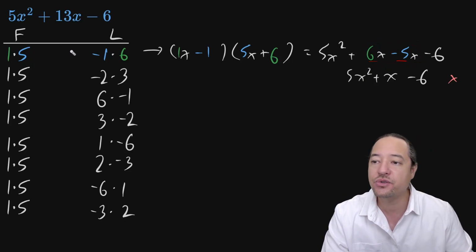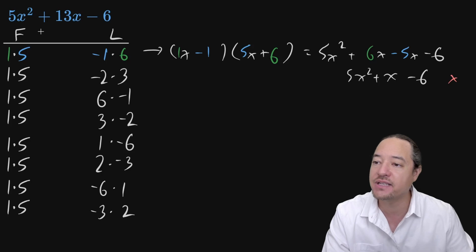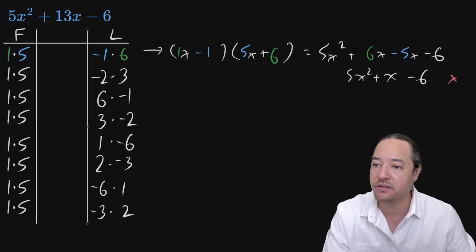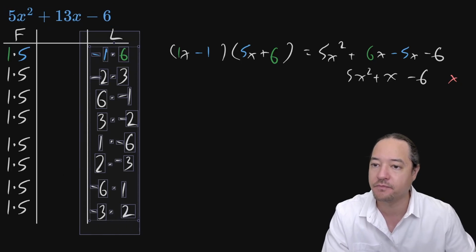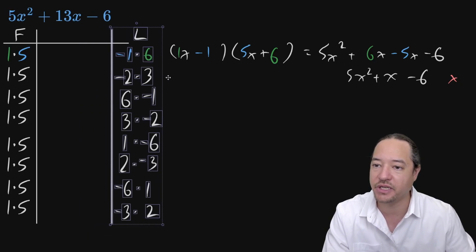And so what I want to do here is I just want to focus on those middle terms. Let me put a line here, and we'll make another line here. And you know what, maybe let's give ourselves a little bit more room. Stretch this out a little bit. Perfect.